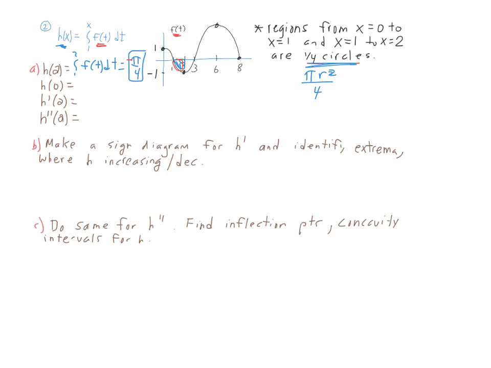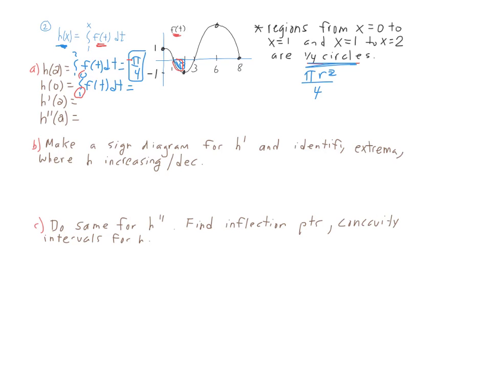Now, next up is h of 0. So again, this is the equation for h of x. So h of 0 would involve putting a 0 in where we see an x. And the only place we see an x is that upper bound. Well, notice that the bounds are not in the correct order.